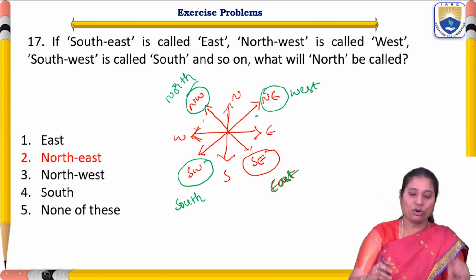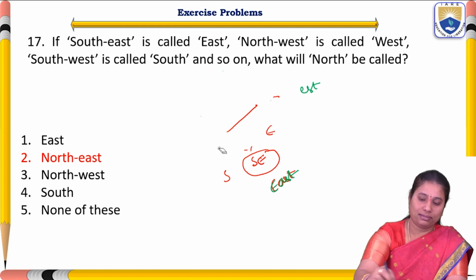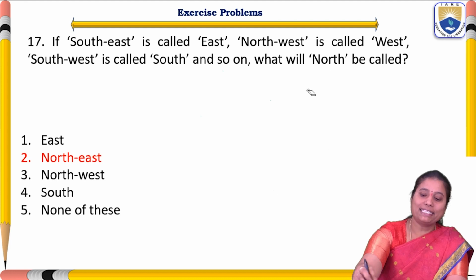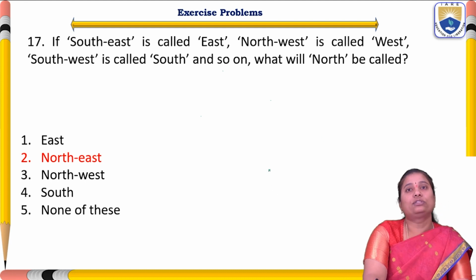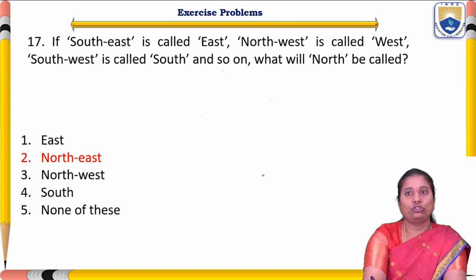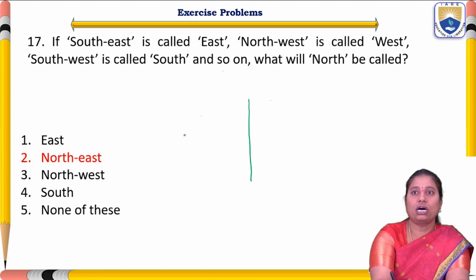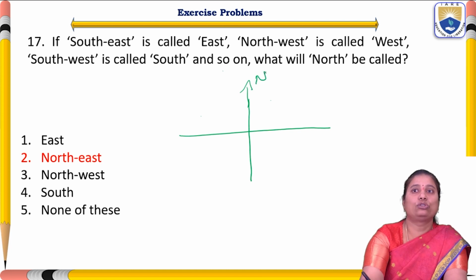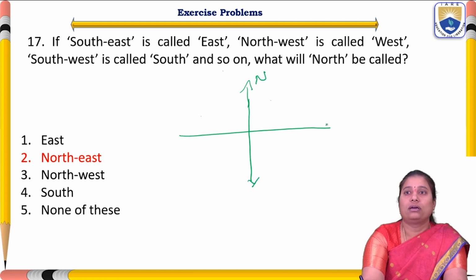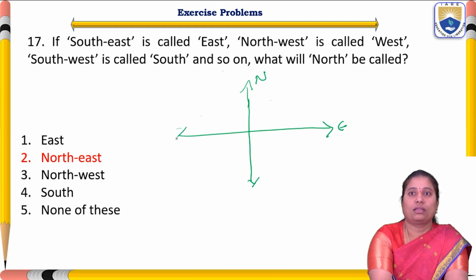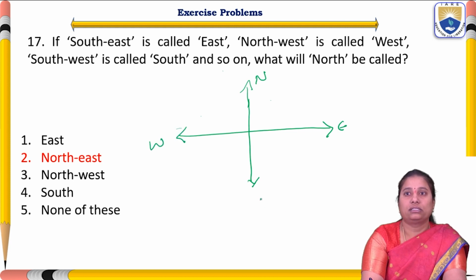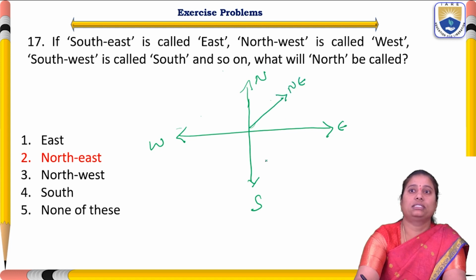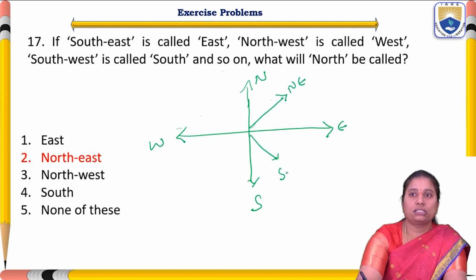I'm sorry, I am repeating this problem, the entire 17th question. For this kind of question we should remember and draw our diagram of the directions plane, that is north, east, west, south. In between this is called the northeast. In between these two is the southeast.